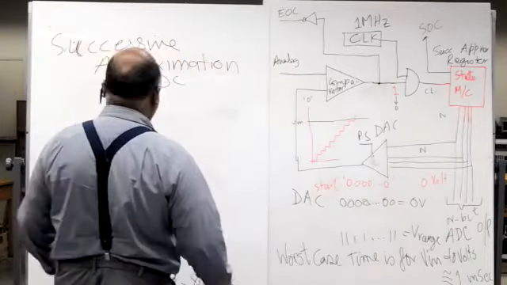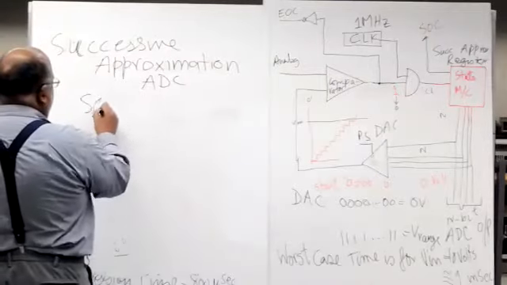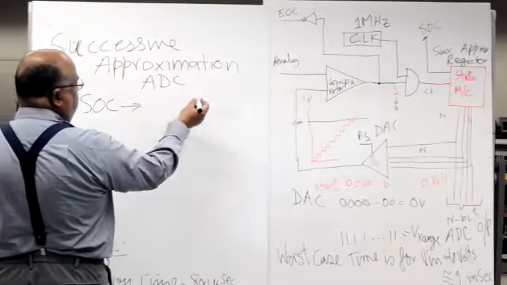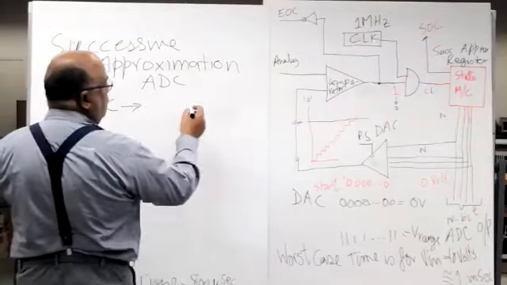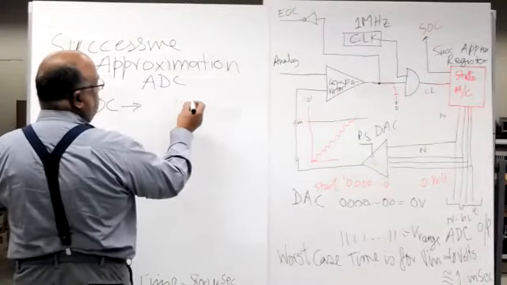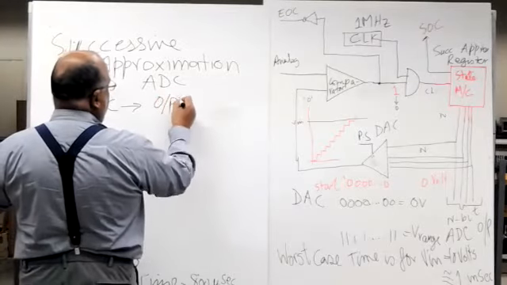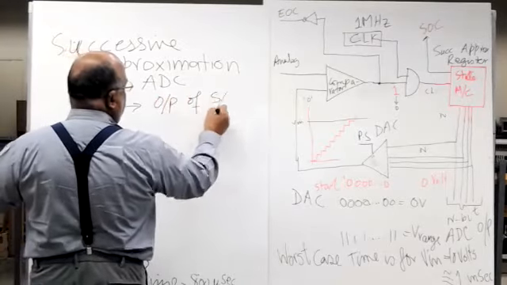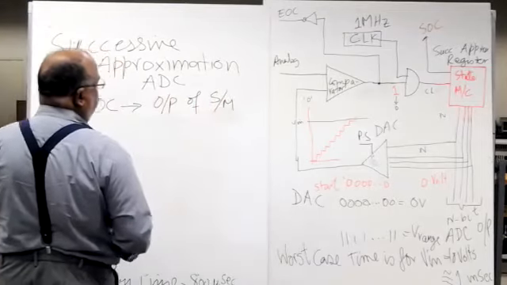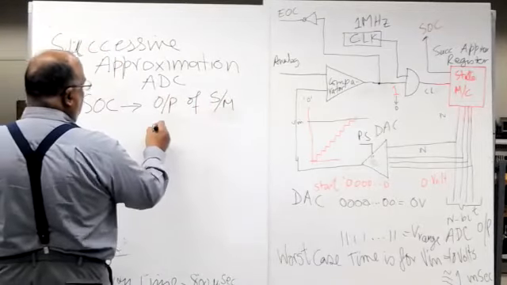When the start of the conversion comes, the output of the state machine is 1000.